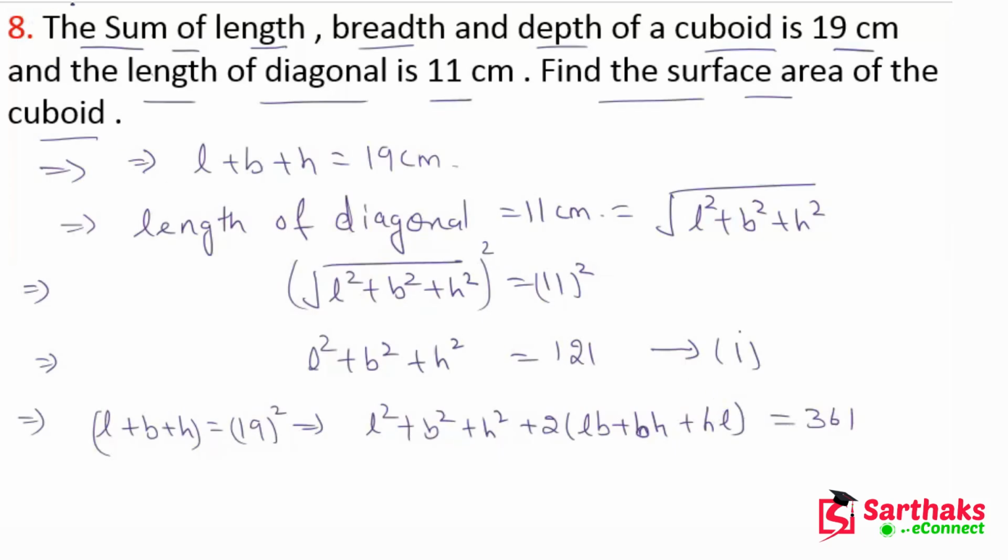Now from equation 1, we can put the value of L square plus B square plus H square as 121. So we get 121 plus 2 into (LB plus BH plus HL) equal to 361.